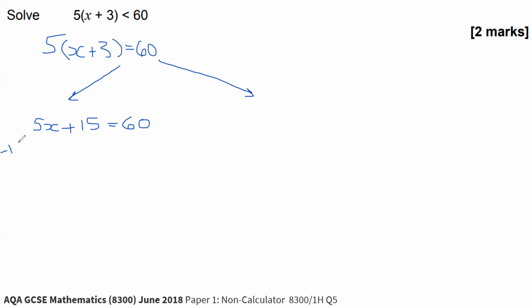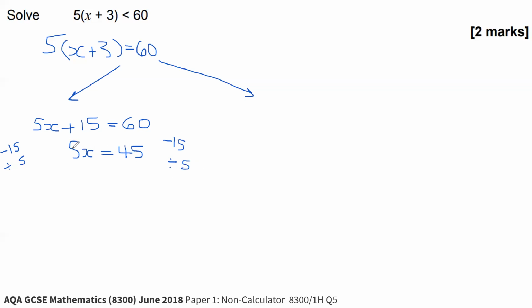Then, as with normally solving equations, what we do to one side, we've got to do exactly the same to the other side. So we start by subtracting 15 from each side, and that will give us 5x = 45.